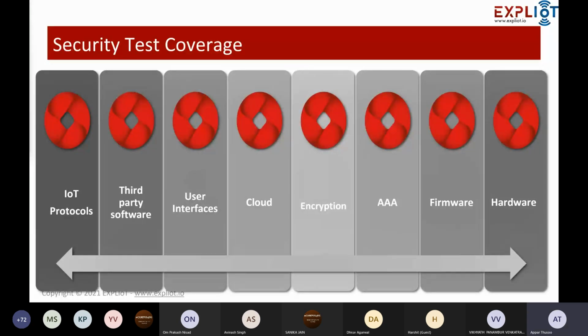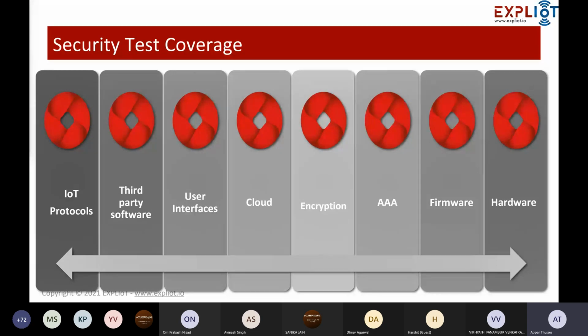By now, I'm sure you must have gotten an understanding that the test coverage for an IoT device is very vast. It starts from your protocols, third-party software, and libraries utilized in the device. Then you have your user interfaces, generally linked to whatever business logic is implemented on the device.